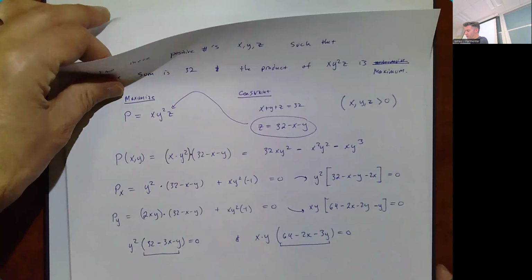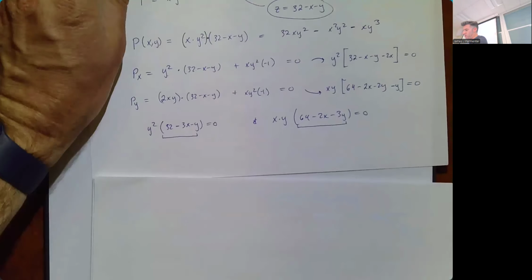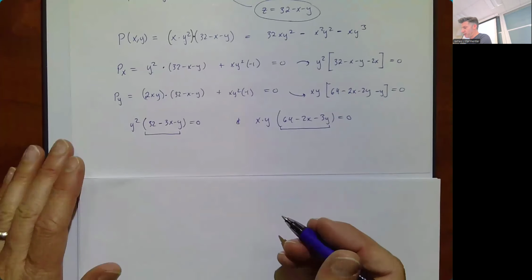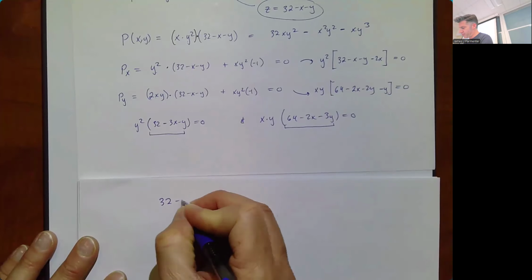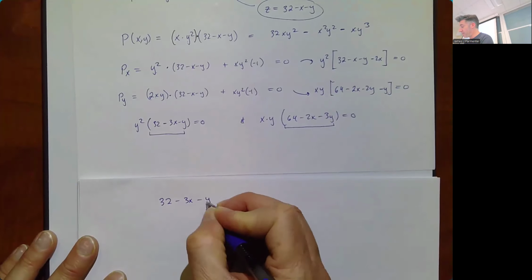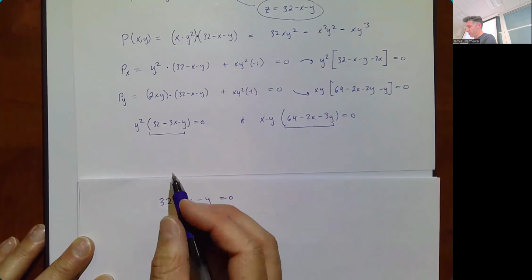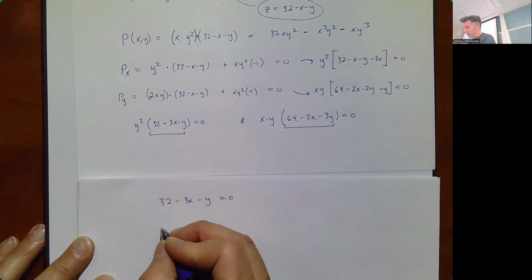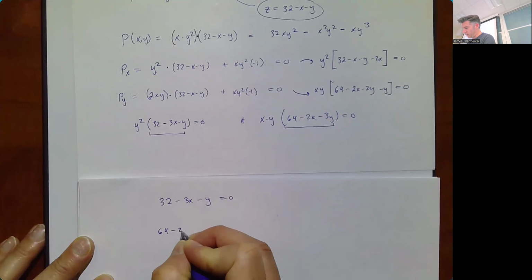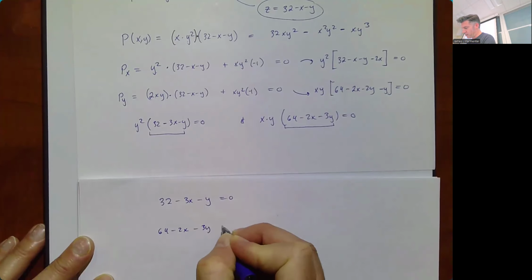Let's do this one slightly differently than we did the last one. So here are the 2 line equations that I would like both to equal 0 to find the point of intersection for. 32 minus 3x minus y equals 0, and 64 minus 2x minus 3y equals 0.